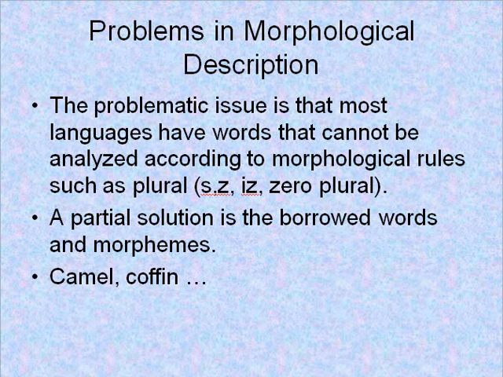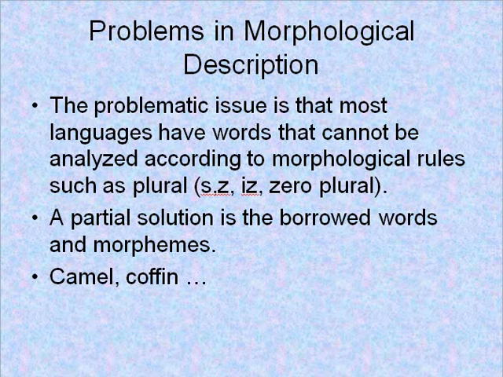Now, camel and kafan are not always an easy job to be analyzed according to the morphological rules of English. Yes, they can easily be analyzed according to the Arabic language.